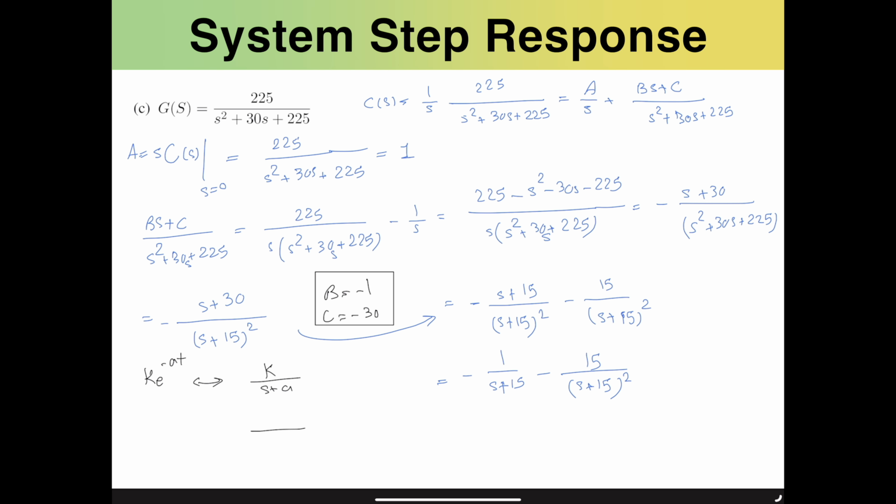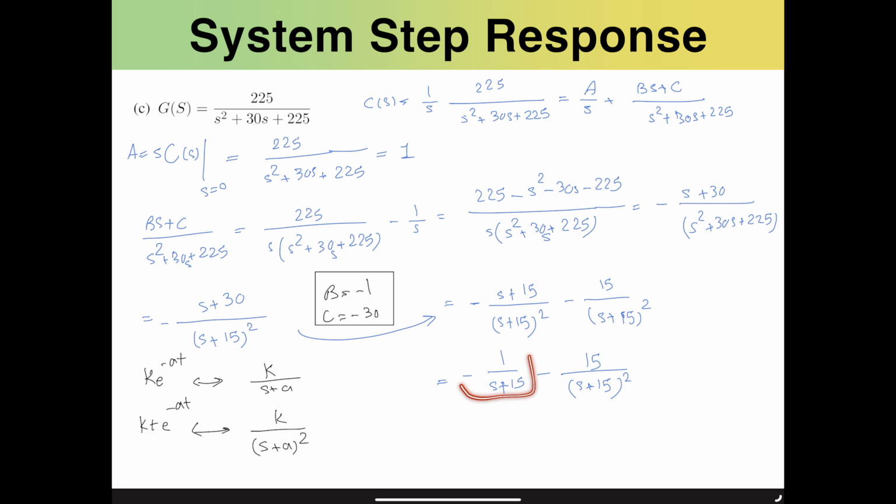However, for the second term, we'll make use of another term that has (s + a) squared in the denominator. So this is a double real pole, which is a special case of real pole. It's not a single pole, but a double real pole. So that turns into k t e to the minus at, which shows itself in critically damped equations indeed.